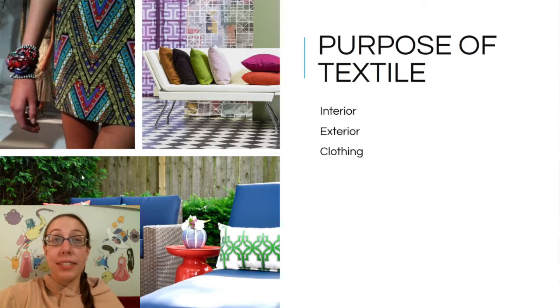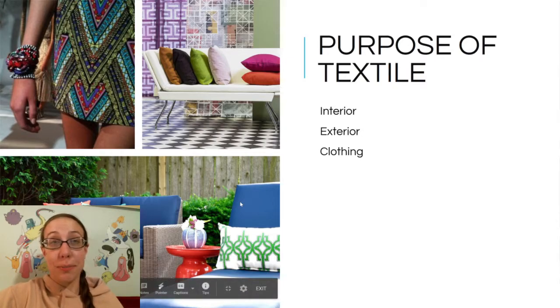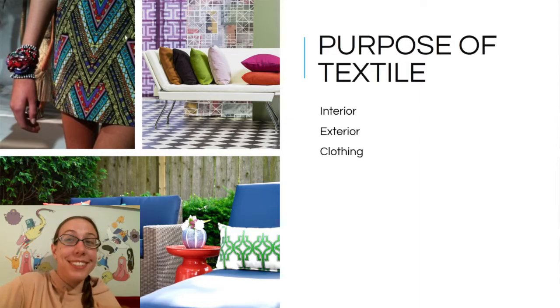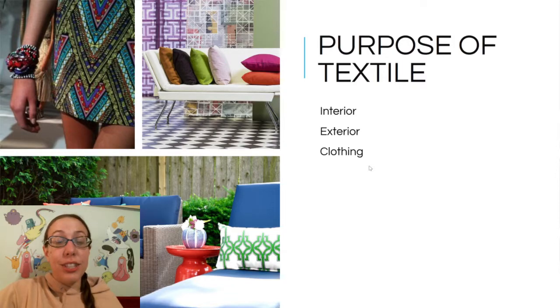These are some of the different categories in terms of purpose. And of course, these fabrics would be totally different than the types of fibers and fabrics that you would use in fashion design, right? You wouldn't put the same fabric on an evening dress that you would on outdoor patio furniture or on a bus.